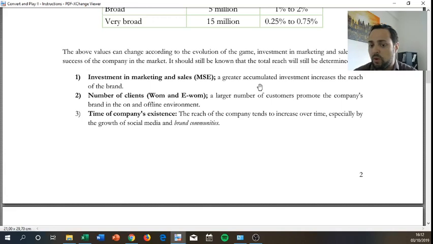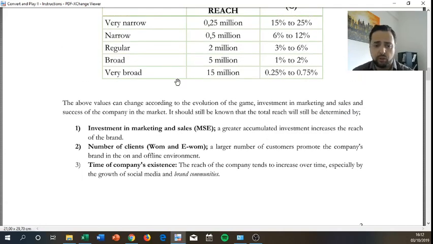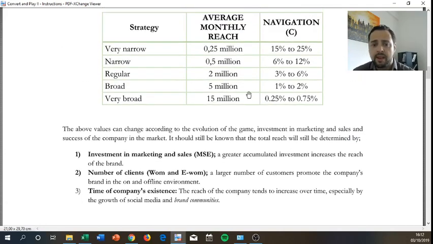So if you want to reach a lot of people, you need to have a huge marketing and sales investment. This means that if you choose, for instance, a very broad strategy and invest a lot of money, you can have much more than 15 million people seeing your ads in 1 month. You can have twice, 3 times that, depending on how much you're spending.